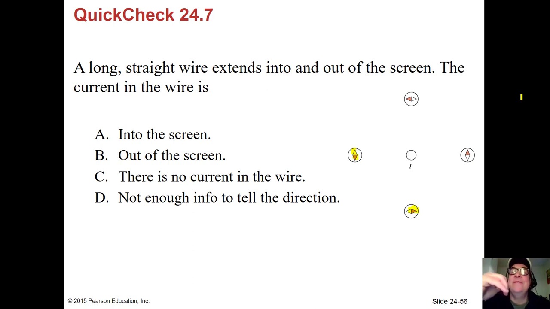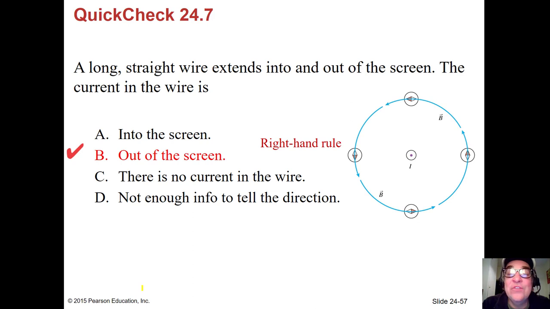So if it's out of the page, my thumb is in the direction out of the page. And then the magnetic field wraps around like this. That actually works out for me. So it's got to be out of the screen. The reason is from the right-hand rule. I lined everything up, and that's what I got. If it were into the page, the magnetic field lines would go the opposite direction, and that's not what we have here. And we definitely do have a current because these magnets are nice and lined up.